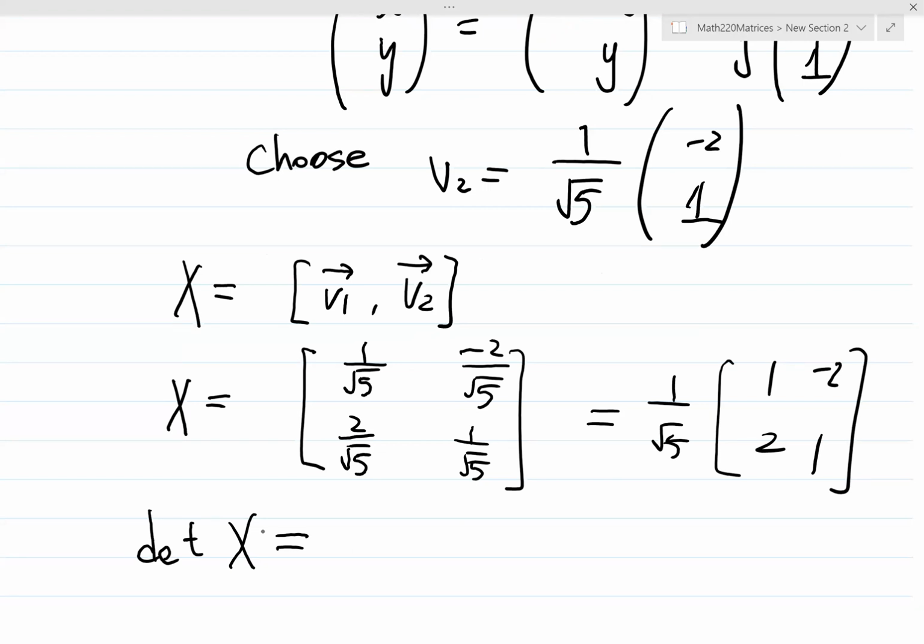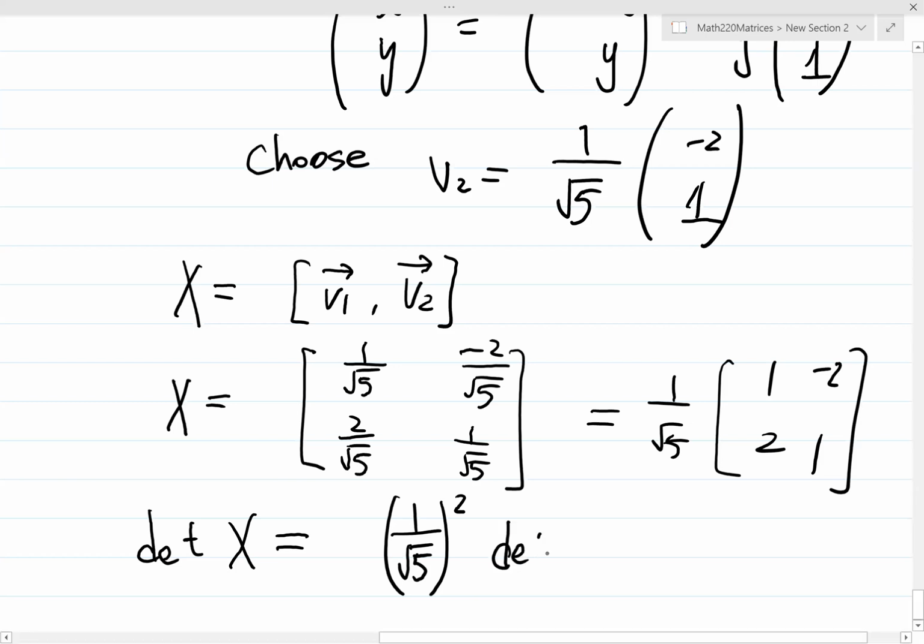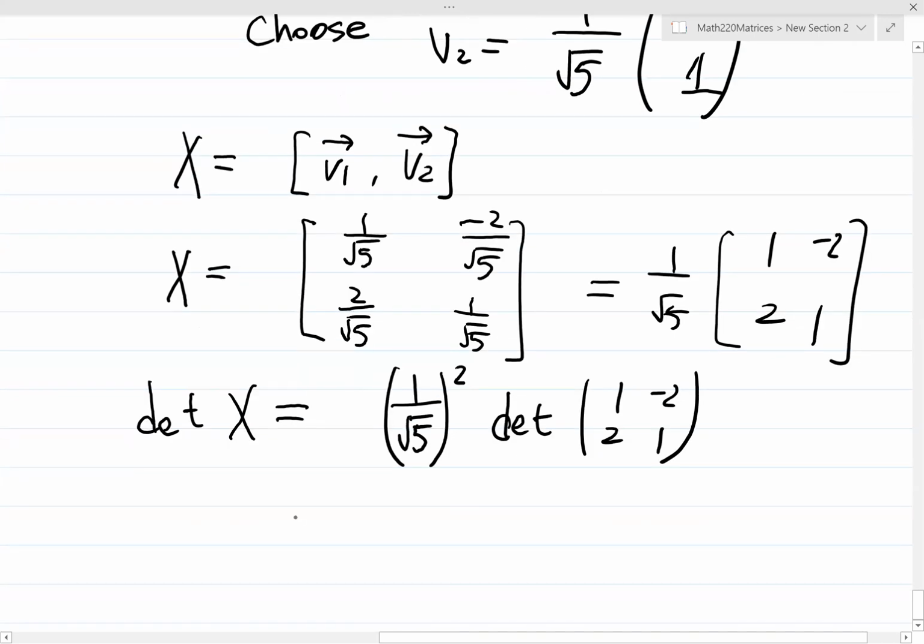Using the property of determinants, since the dimension is 2 by 2, the scalar should be raised to the power 2. So we get 1 over root 5 squared, which is 1 over 5, times the determinant of the matrix: 1 times 1 minus negative 2 times 2.